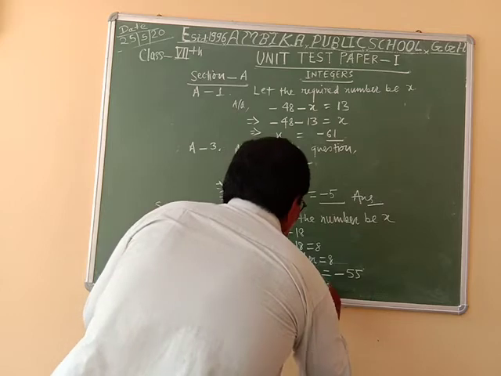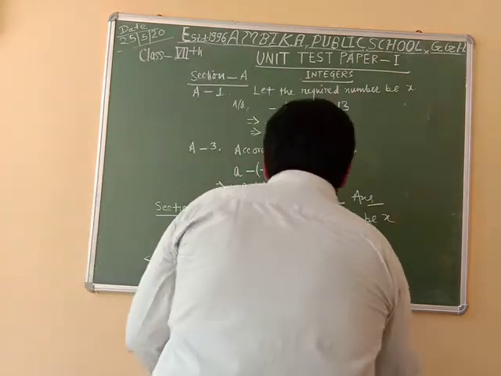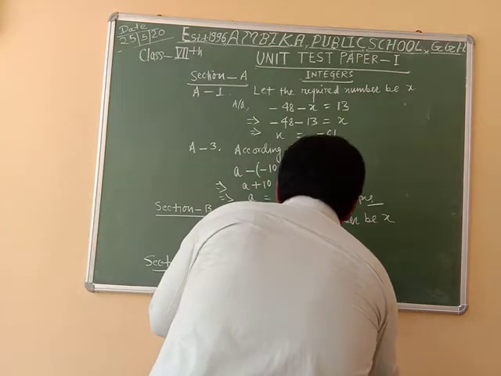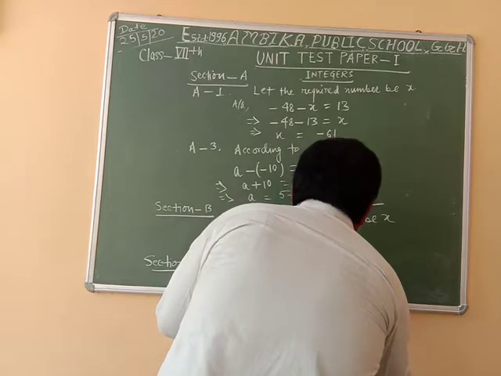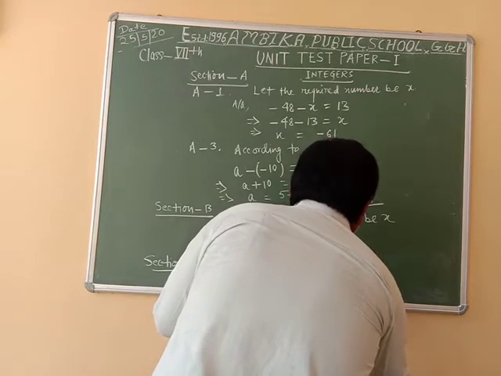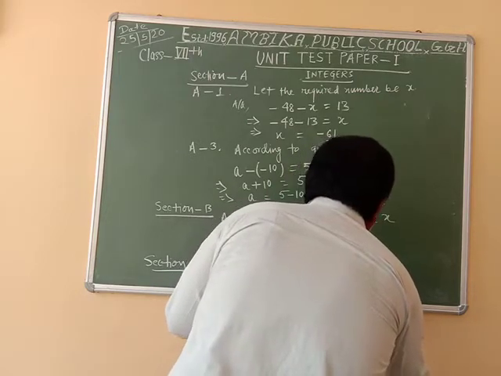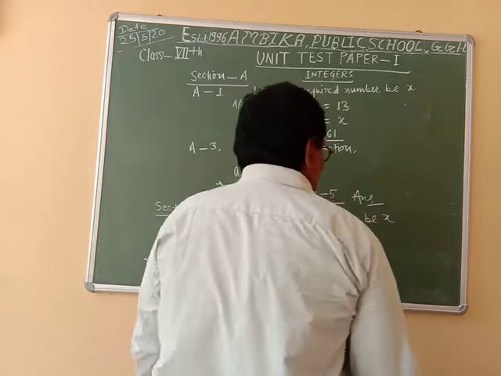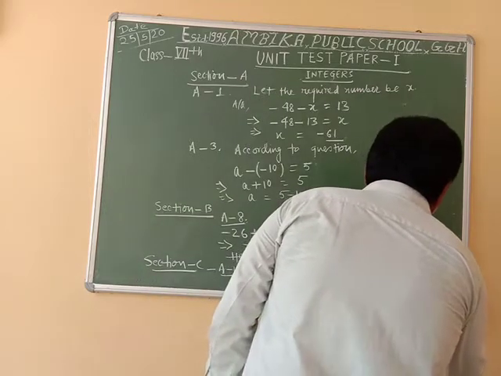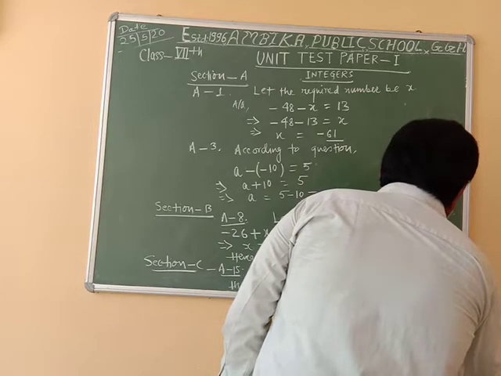So x is equal to 55 divided by minus 55, which is equal to minus 1. Hence the number is minus 1.